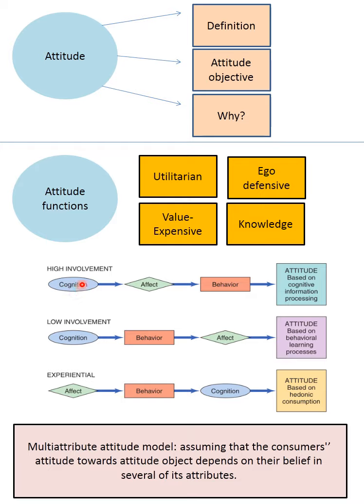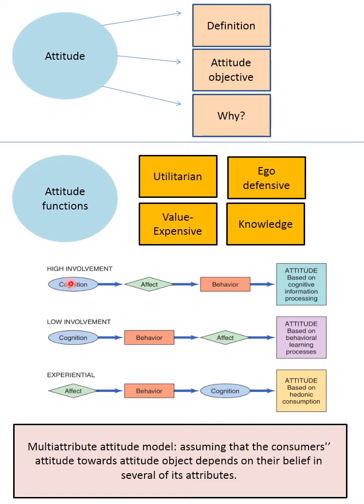Affect means how customers feel about an attitude object. That's feeling. Behavior is the action he takes towards the object. That's the doing. Cognition is what he believes to be true about the attitude object. That's knowing.